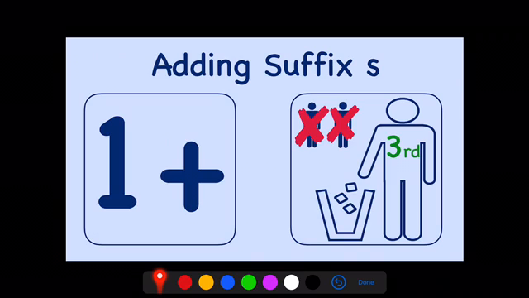Third person along is Sam or the bin, a single person or a single thing. Sam tips rubbish in the bin, or he tips rubbish in the bin, or she tips rubbish in the bin.